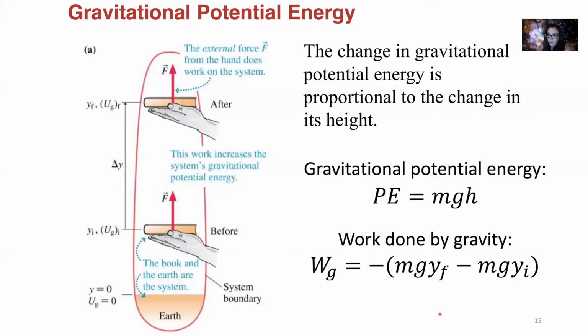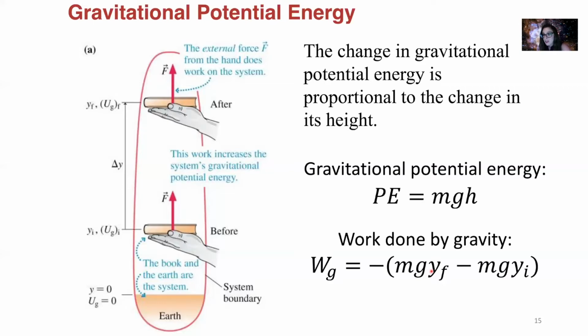So let's think about this. If we are dropping an object from some height above the ground and letting it go and it's falling to the surface, our initial height above the ground is non-zero. That would be y initial. Its final height above the ground here would be 0. So in that case, if I'm letting an object go from some height above the ground, this m g y initial quantity is non-zero, but this m g y final quantity is 0.